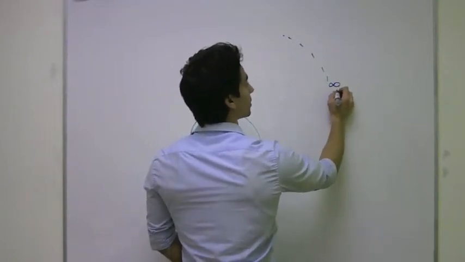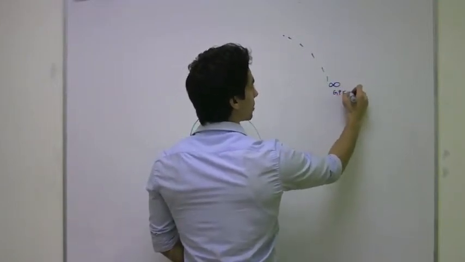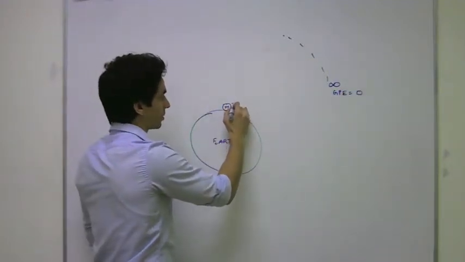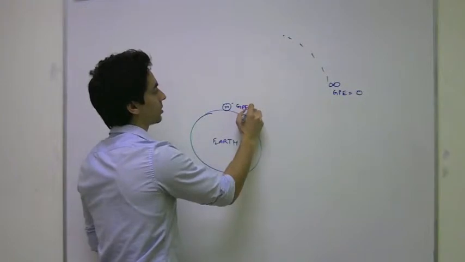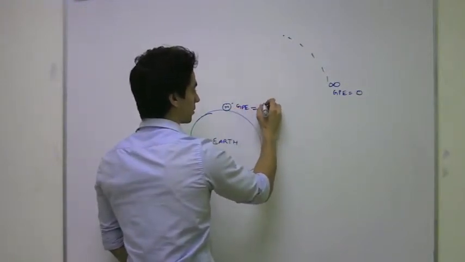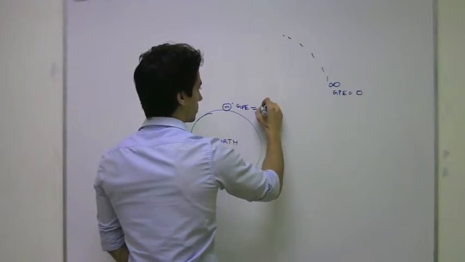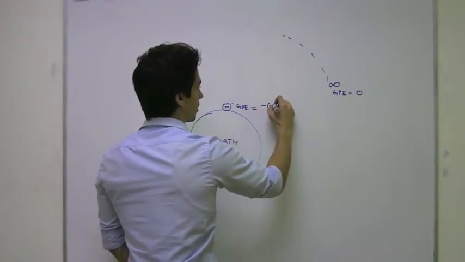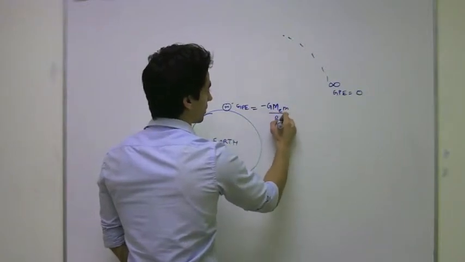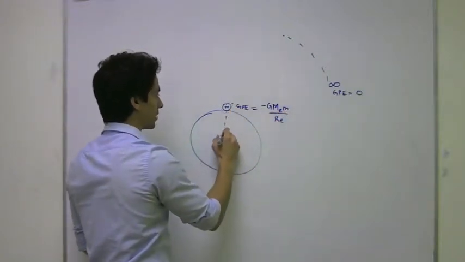At infinity, the potential energy is defined as 0. On the surface of the earth, the gravitational potential energy of this object is equal to minus GMm over Re, where M is the mass of the earth and Re is the radius of the earth.